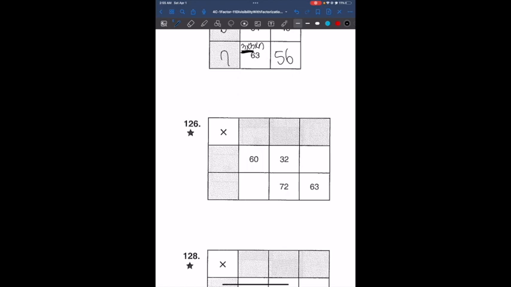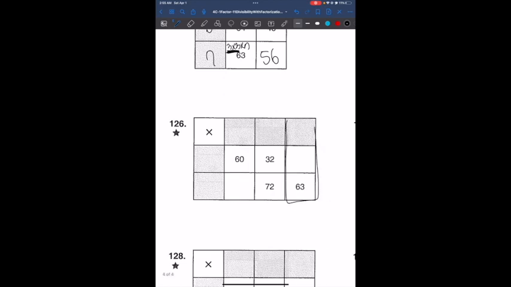Now we'll look at 126. So now we have one more column. So we have A, B, C, D, and E now. But we're still going to follow the same pattern as what we've been doing so far.